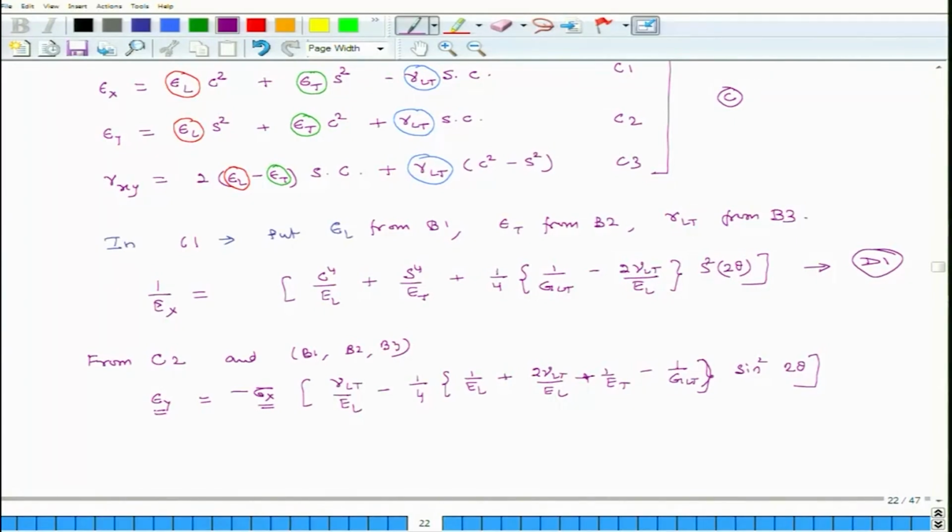The left side tells us that it is the strain in y direction, and the right side is the source term, sigma x. So, sigma x is causing some Poisson's contraction also, and that is why we have a negative sign here.